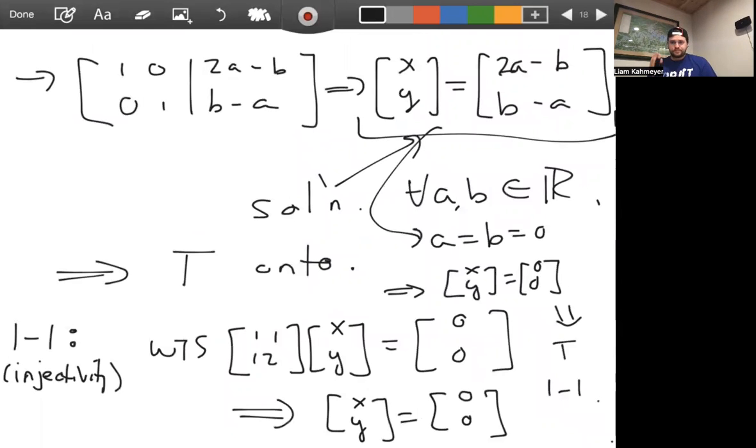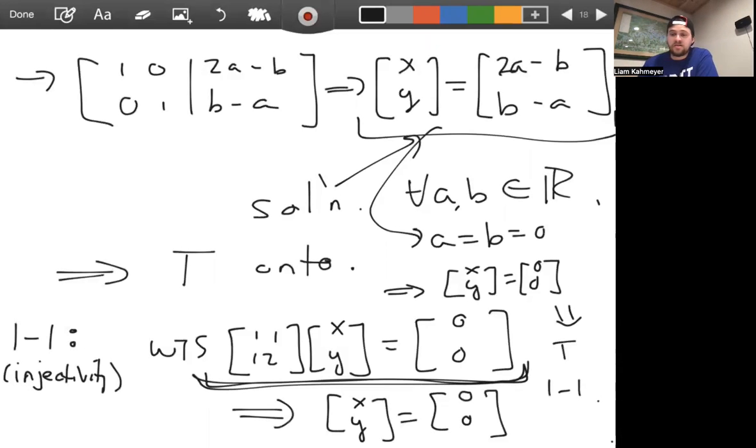And again, if you were to go through this construction and then find that there exists a solution where x and y are not 0, like if your system does not have a unique solution of (0, 0) when you're solving it equal to 0, then that means it's not injective.